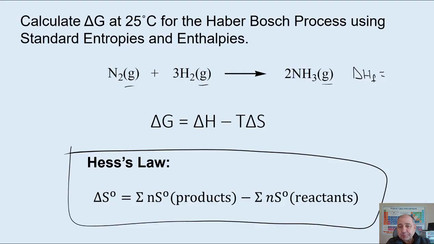And then this happens to be the delta H formation from the table here for ammonia, because it is from the standard elements in their natural phase, which nitrogen and hydrogen gas are diatomic and they exist as gases, so those both have values that are 0.